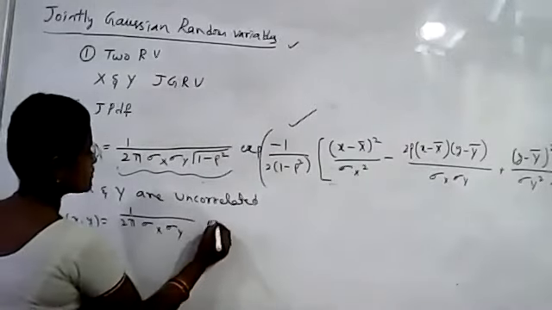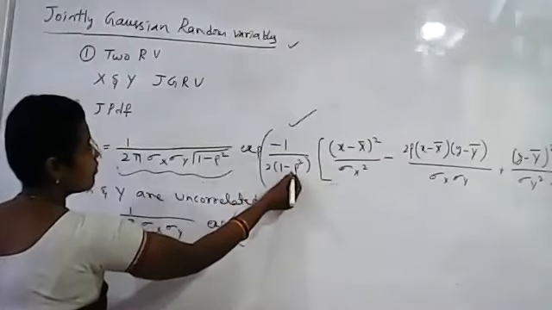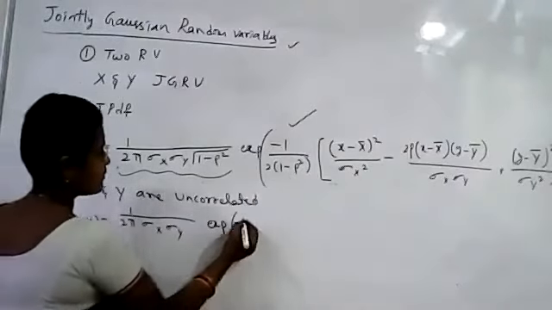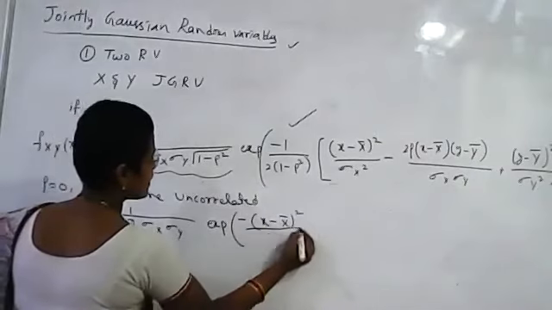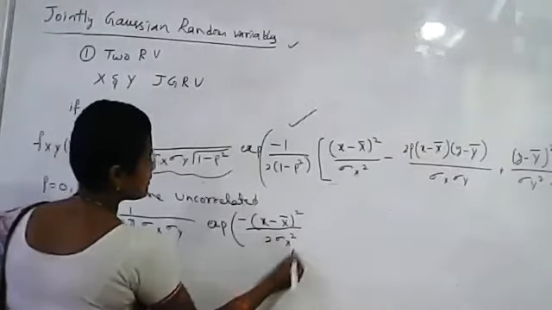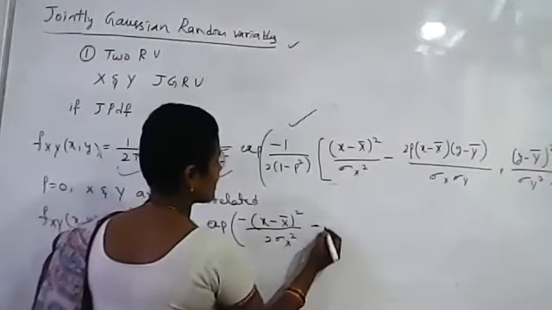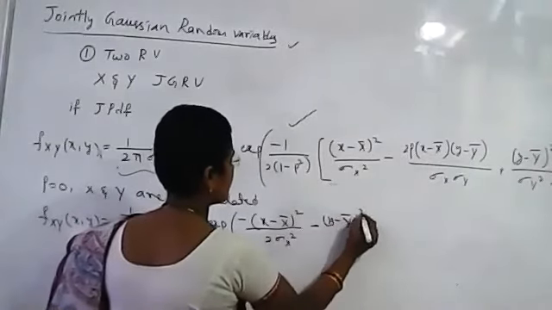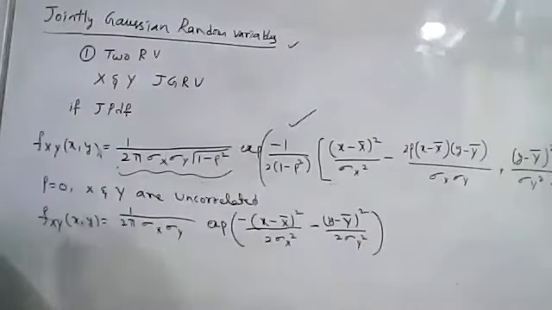Then we have exp of minus, with rho equal to 0, 2 in the denominator. So we have minus x minus x bar square by 2 sigma x square. Since rho is equal to 0, the second term does not appear. Then we have minus y minus y bar square by 2 sigma y square. So equation one can be reduced to this form.